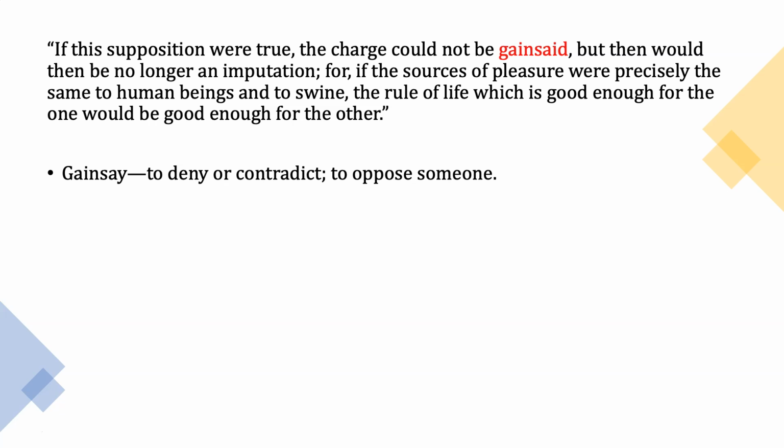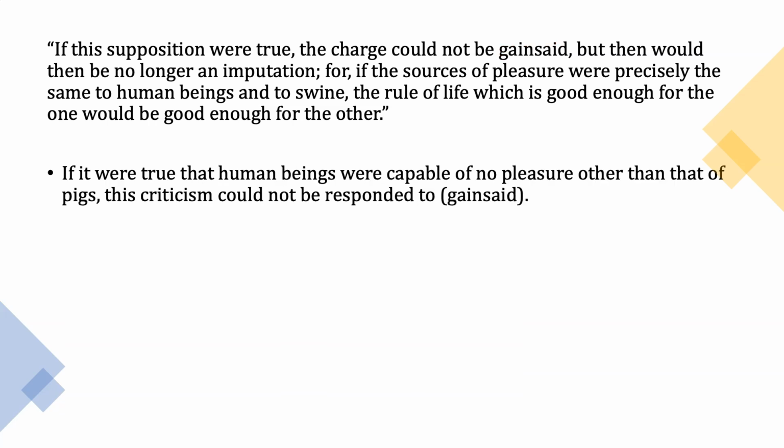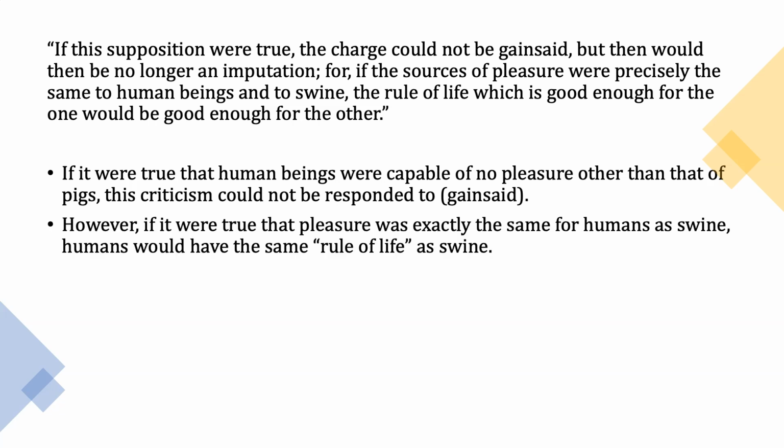So what that sentence is saying is that, hey, if it were true that humans were no better off than swine, or they couldn't feel pleasure other than swine, then there would be no way to respond, right? However, if it were true that pleasure was exactly the same for humans as swine, humans would have the same rule of life as swine, right?